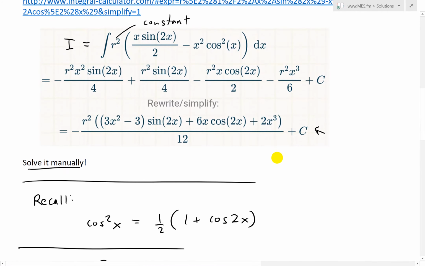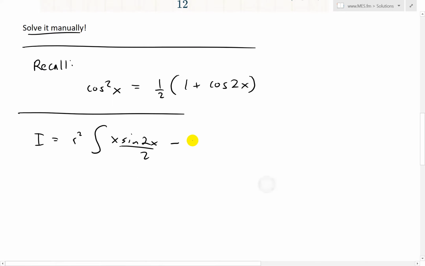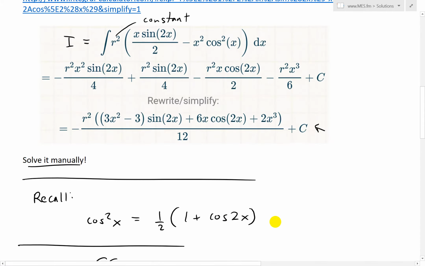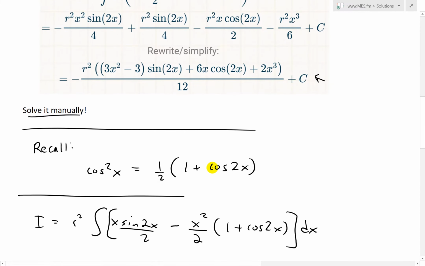Subtract this by, and we factor out that r there. So now we have x squared, and then plug this in for the cos squared x right there. So x squared over 2, and then 1 plus cosine 2x, and then this whole thing is a dx over there. And again, we plug in this, replacing this cos squared x with this right there.